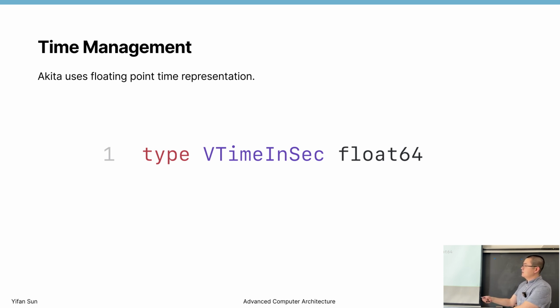A type alias has an equal sign. Then this is just a new type, but the fundamental type is still just a float64, a double precision floating point number. The difference between a type alias and another type is that a type alias does not require casting. You can simply add a VTimeInSec number and a floating point number together without any problem. If it's a new type, you have to do an explicit cast.